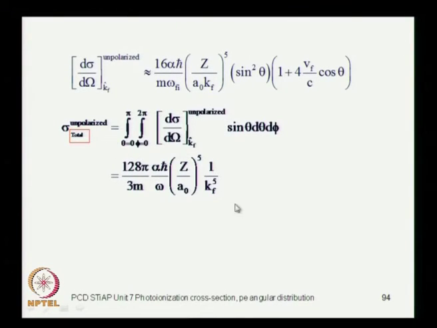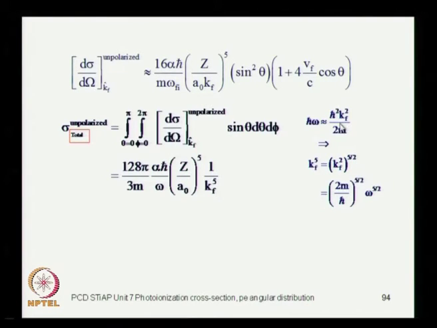So, when you carry out this integration, there are 2 functions of theta over here, sine square theta and a cos theta. When you do this theta integration, this is the result that you get: it goes as Z to the power 5 and a0 to the power 5, and you get 1 over k to the power 5. What is k to the power 5? You get it in terms of energy, because energy is nearly equal to k square.